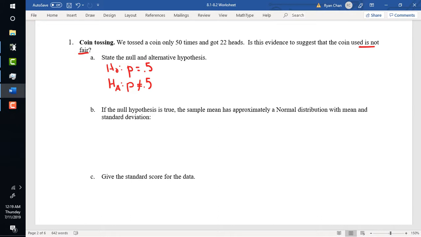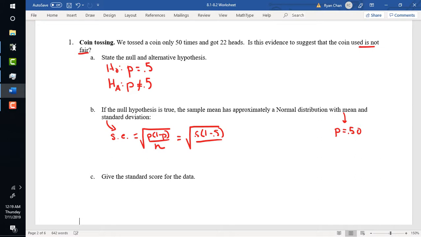So let's talk about this here. My mean is actually just P. And then my standard deviation, if you remember, is my standard error, which is equal to the square root of P times 1 minus P over N. Or in this case, the square root of 0.5 times 1 minus 0.5. What is my N?